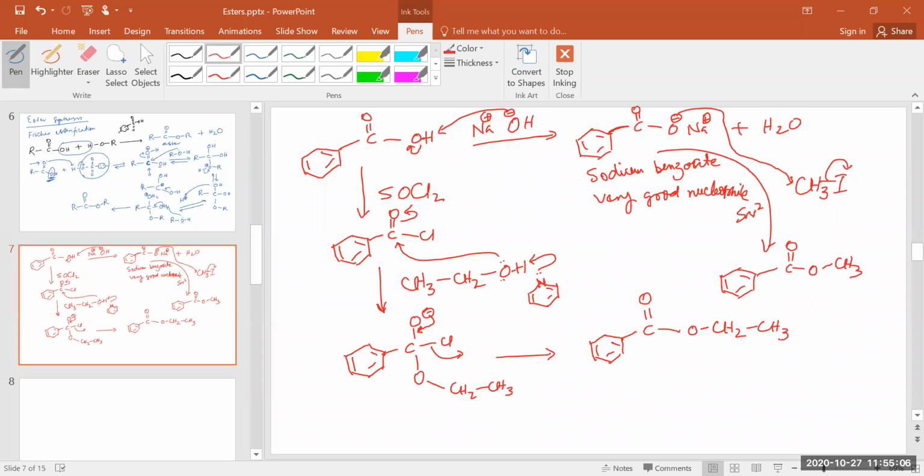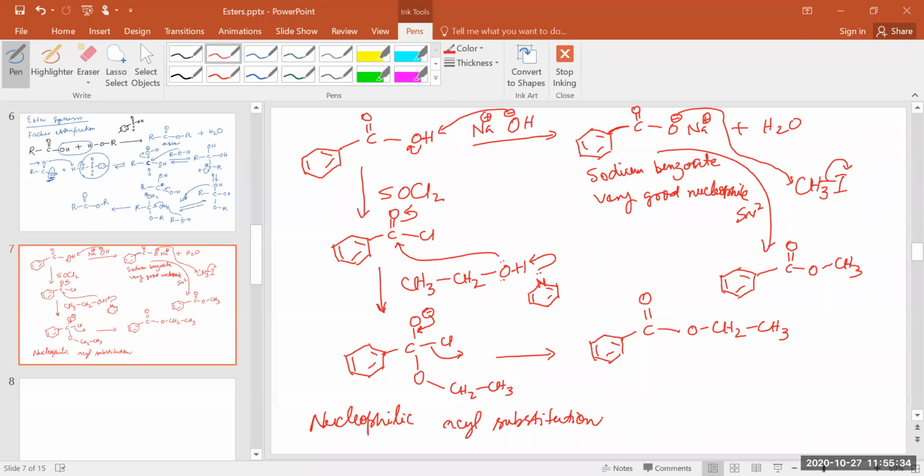This is the example of nucleophilic acyl substitution. So three methods, remember, very important. The first one, Fischer esterification under acidic condition to make an ester.